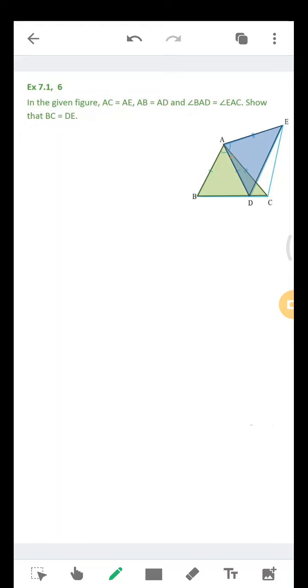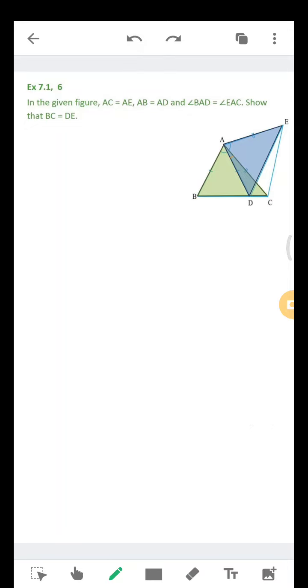In this question you can see it's given that AC is equal to AE. You can see this AC line is equal to AE. These two are equal, and AB is equal to AD. These two are also equal. And one more angle is given here, angle BAD is equal to EAC.